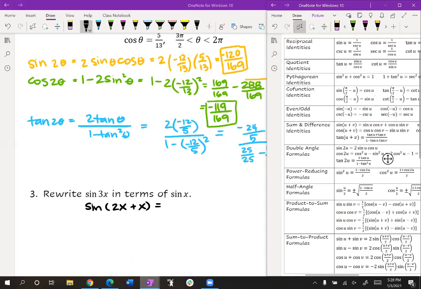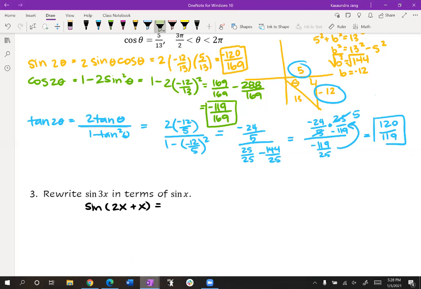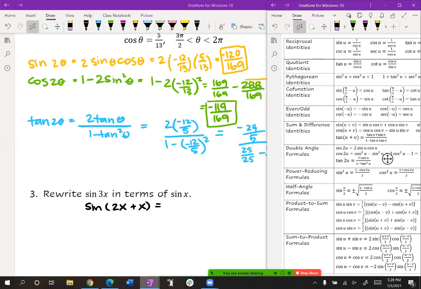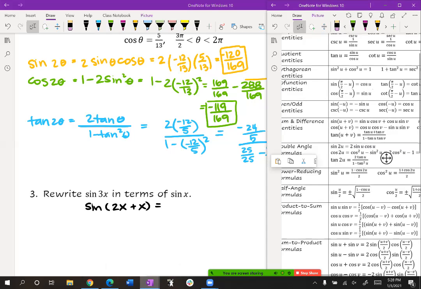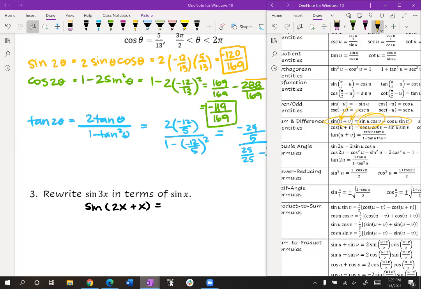And our sum and difference, there we go. The sine of these two things added up, here's on my formula sheet. So instead of a u, this is a 2x, and instead of a v, I've got a plain x. So sine of 2x cosine of x.